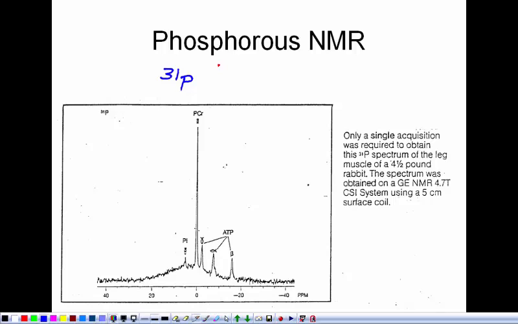When I was at Duke, they did something with turtle hearts, and unfortunately the turtle couldn't go into the magnet, only the heart of the turtle. And they hooked it up to an EKG machine to make it beat while it was inside of the magnet. So people do some, probably pre-MRI days, so they were doing MRI with basically the instrument that we have next door. So you can do different things. You don't just do carbon and hydrogen, but that's what we're going to talk about.